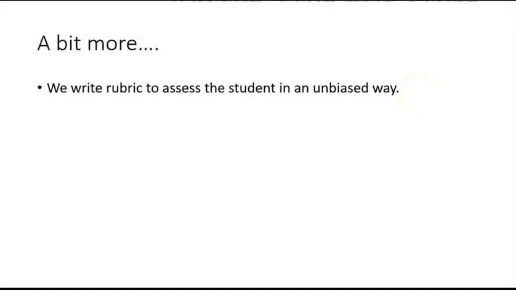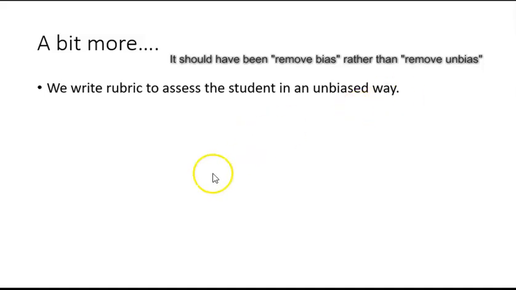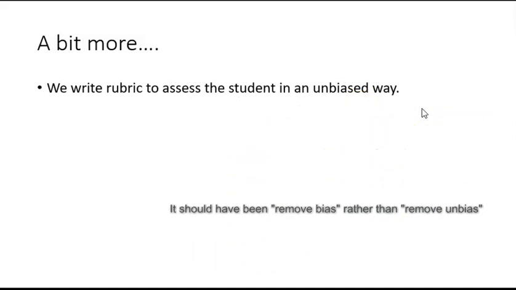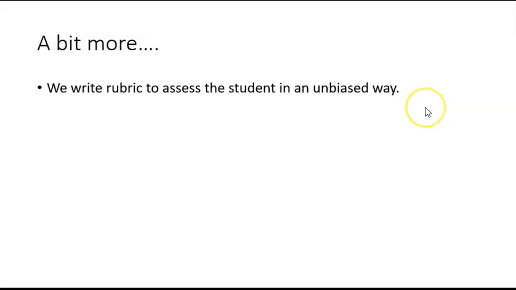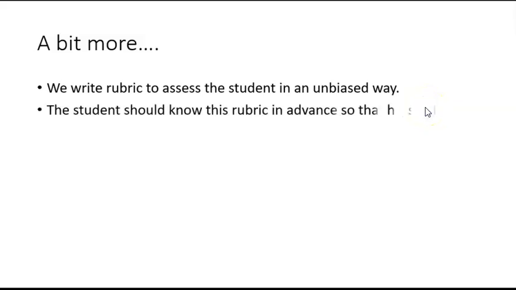Whoever the student may be, we will remove all bias and evaluate him once we have a clearly written rubric available to us. And a second thing is when we let the student know what this rubric is, the student knows what to expect and will be better prepared for the examination, whether it's a laboratory, project, or seminar evaluation.